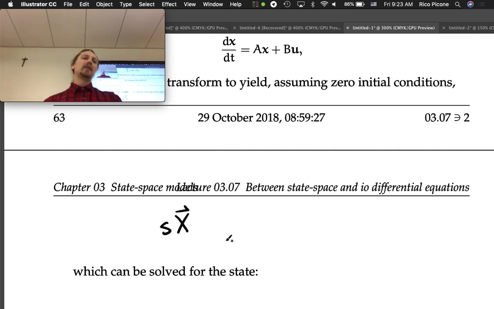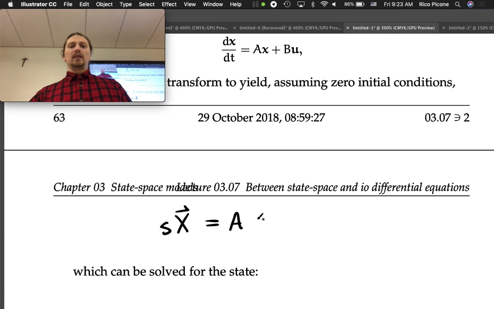Now it's still a vector X, but I put capital because it's the Laplace transform of x now. So one time derivative gives us the s. The Laplace transform of x gives us capital X equals A times the Laplace transform of x again, so capital X, plus B times the Laplace transform of u, or capital U.